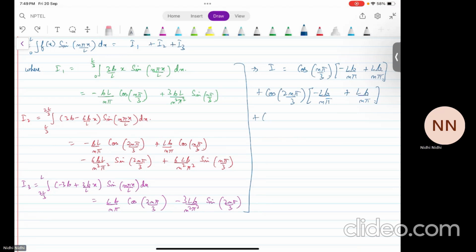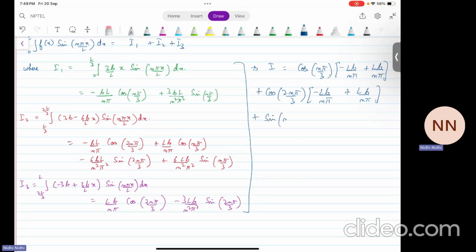Then the coefficient of sine n pi by 3 is 3bl by n square pi square plus 6 lb by n square pi square, and the coefficient of sine 2n pi by 3 is 3bl by n square pi square minus 6 lb by n square pi square.